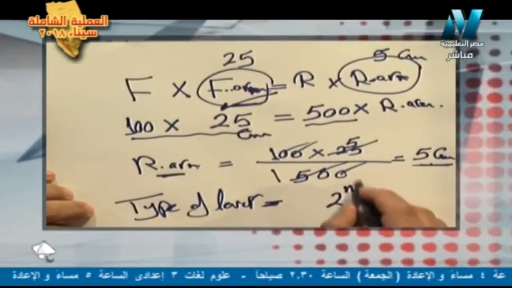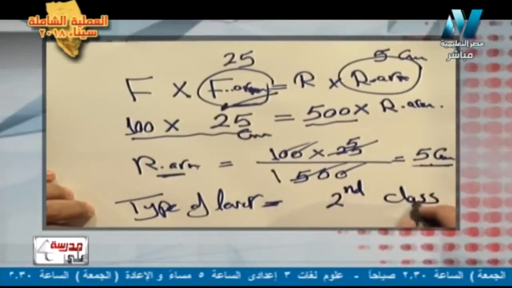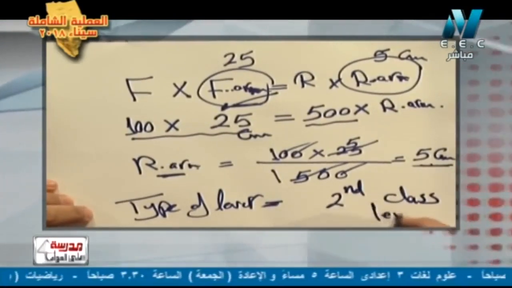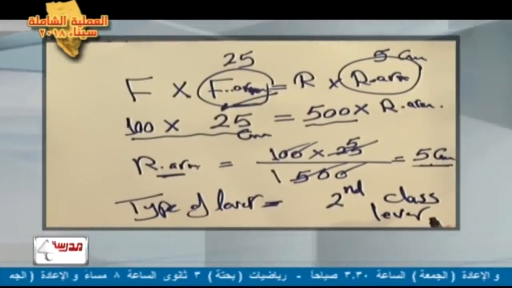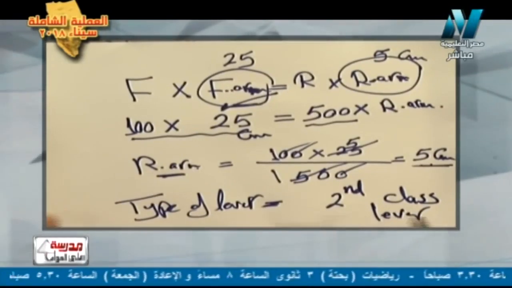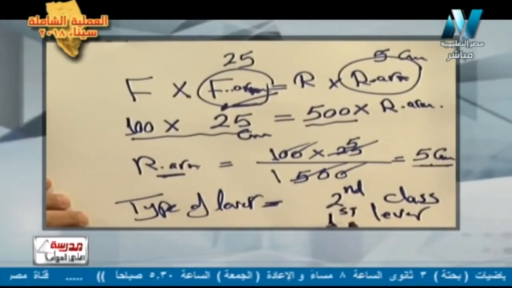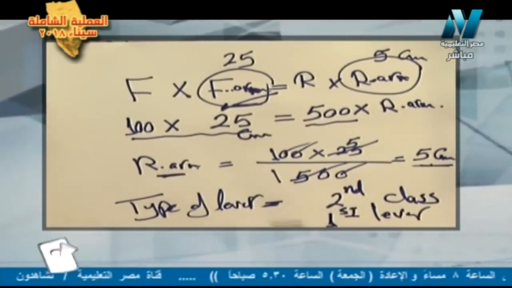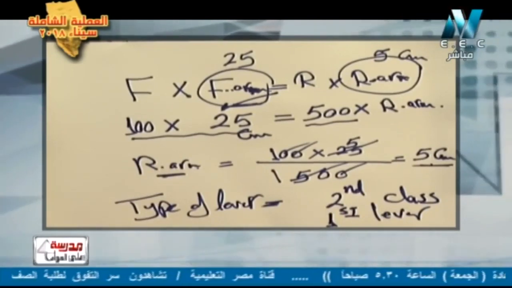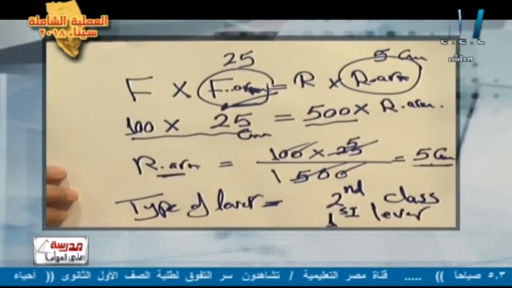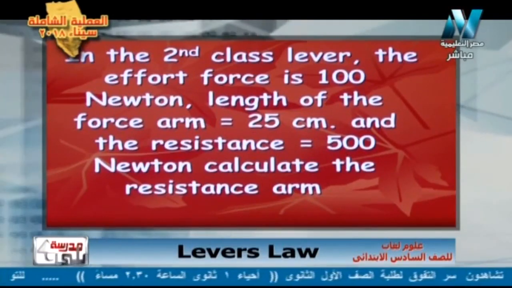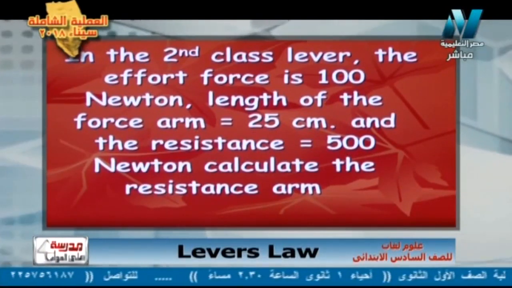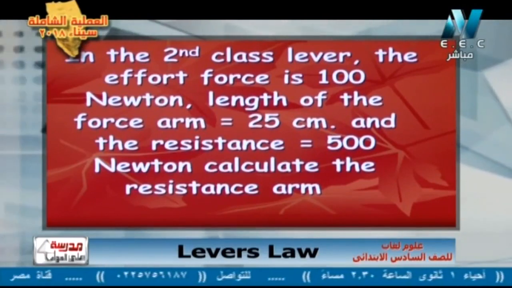Second class lever, or sometimes first class lever. So if the effort force arm is longer, it will be second class lever or sometimes first class lever. Sometimes it is also the first type, in some cases where the effort force arm is greater than the resistance arm. So now we have answered the problem and also we have found the type of lever by comparing between the effort force arm and the resistance arm.